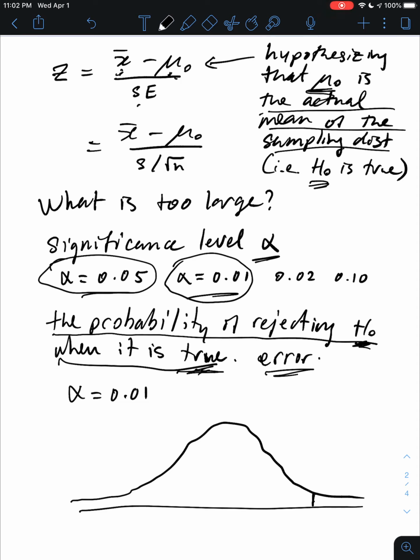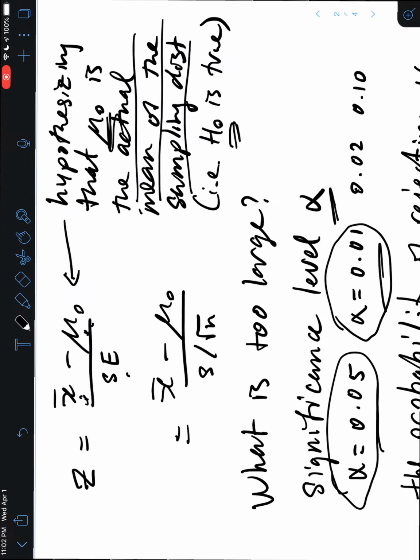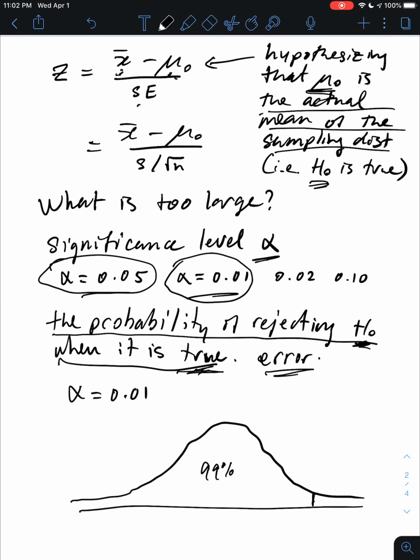And so if alpha is 0.01, then down here there's 99% of my measurements, and up here there's 1% of my measurements.